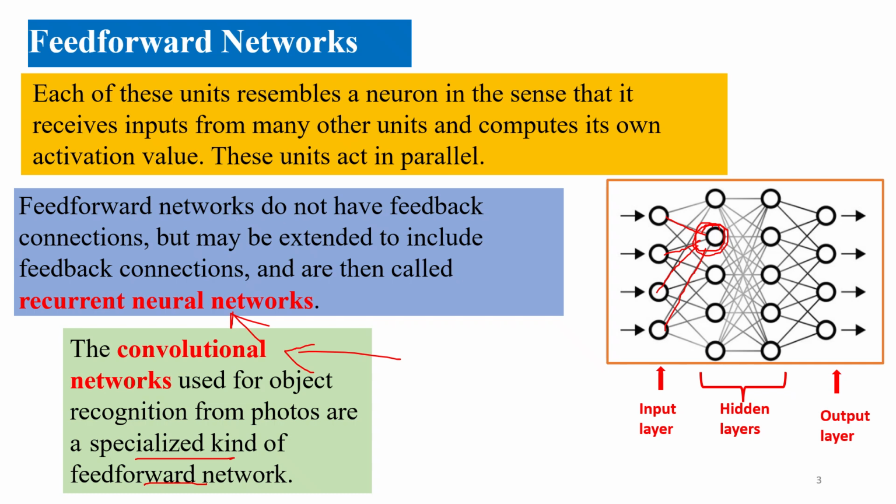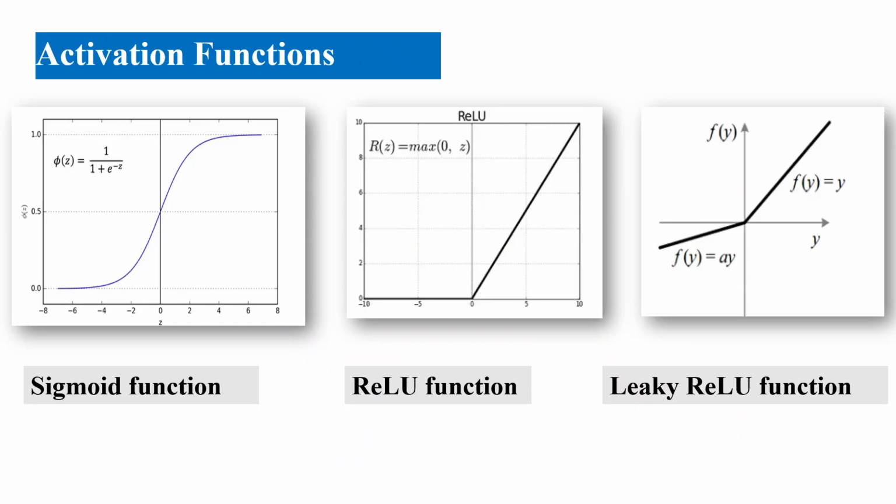So briefly we have seen what an artificial neural network is, and the different activation functions which are used. We have the sigmoid function, defined as y(z) equal to 1 by 1 plus e to the power of minus z. It gives the value 0.5 at z equal to 0 and then goes to the positive side.